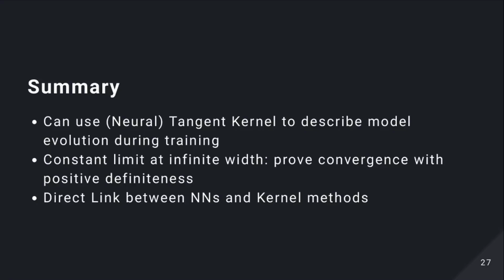Because we can only look at what our function does on the input dataset, we don't know how it behaves outside of it, and the NTK does not tell you what it does.